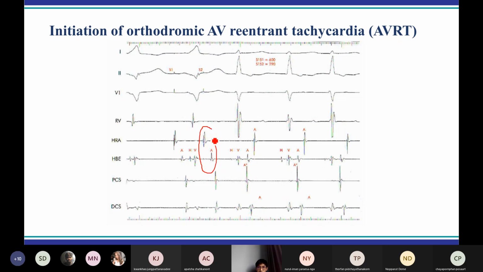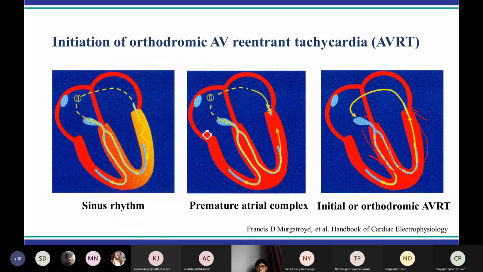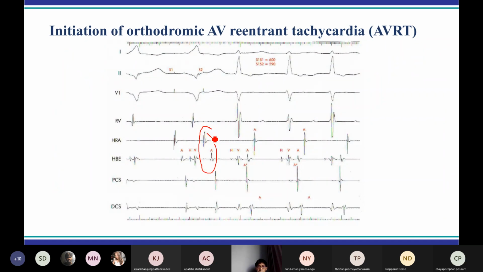This one is the PAC. The PAC cannot travel down the accessory pathway because the accessory pathway is a fast pathway which has a longer refractory period. The PAC would travel down into the AV node and His region.